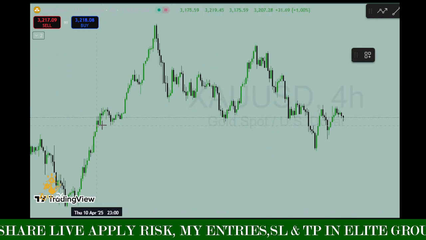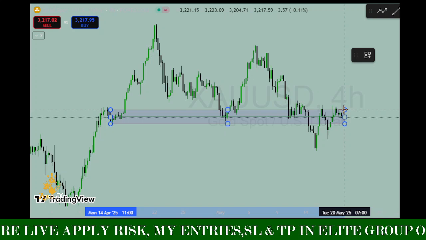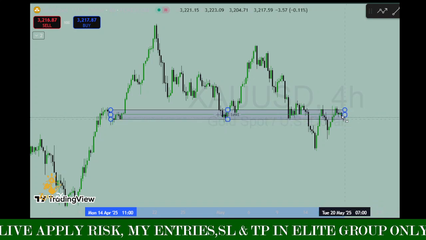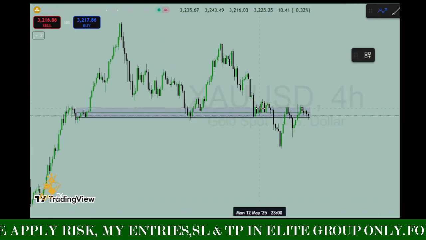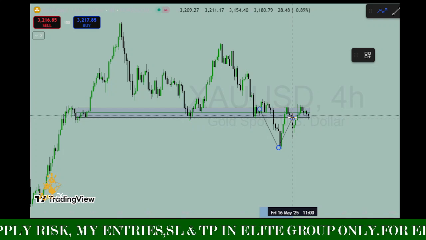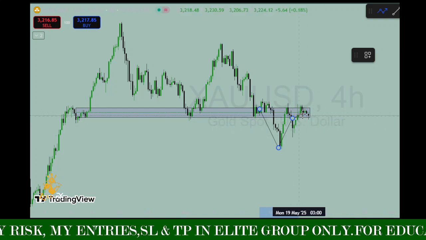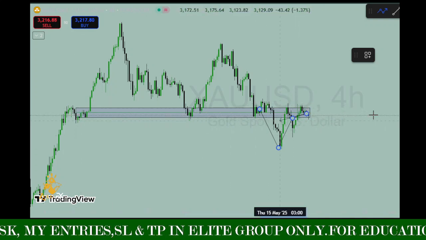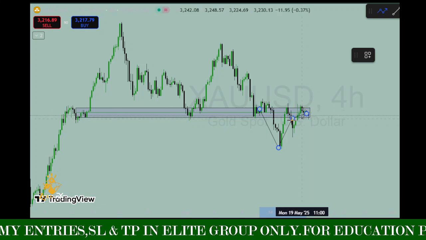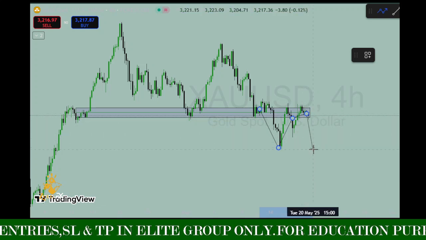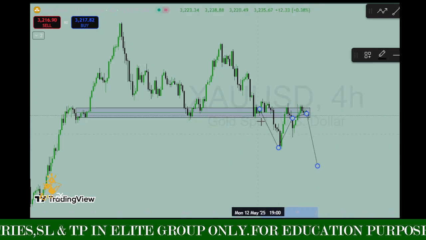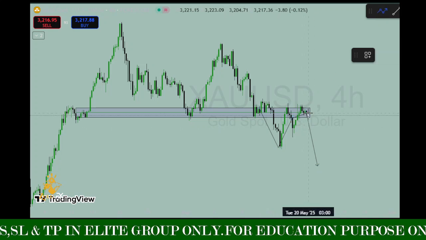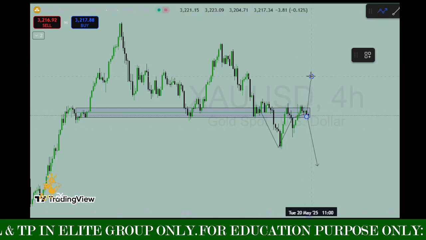On the 4 hour time frame, we do have this zone, which was a good demand zone, and the price just broke below. For now, we can see the price is retracing to this zone. So we are at this psychological region. We're expecting maybe the price continues selling because it has broken, or it can be a fake out and maybe push up.